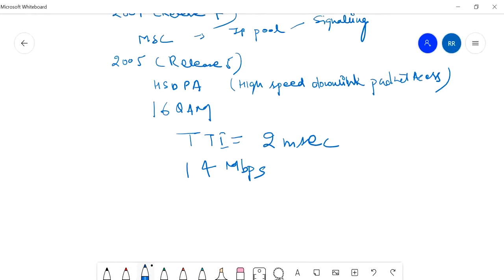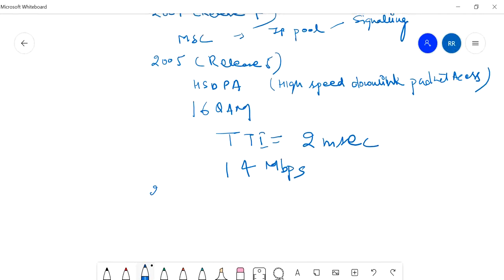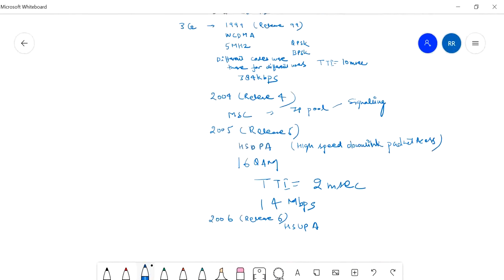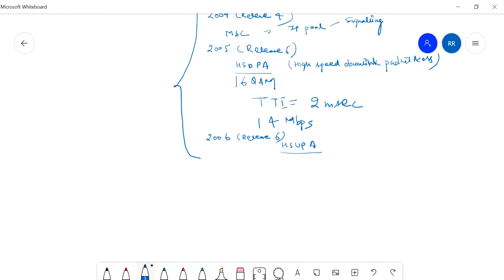After that, release 6 came in year 2006. In that, HSUPA came, right, in 3G only. This is all in 3G. WCDMA, then after that HSDPA, then HSUPA. HSUPA is the high speed uplink packet access.